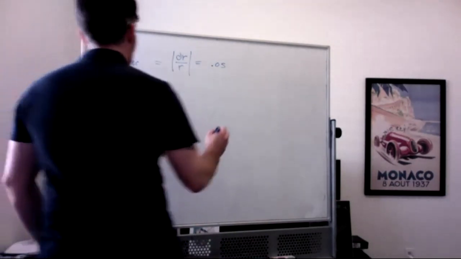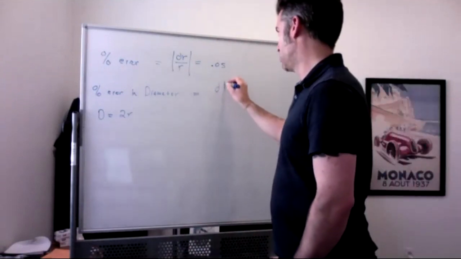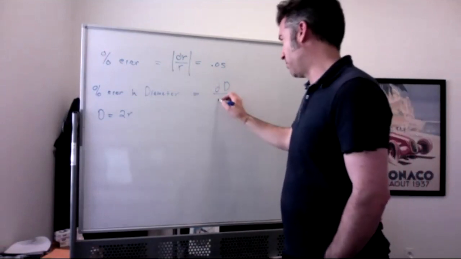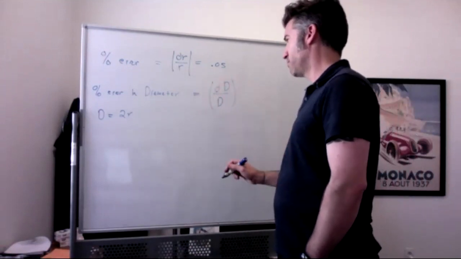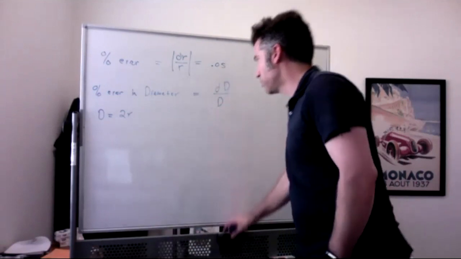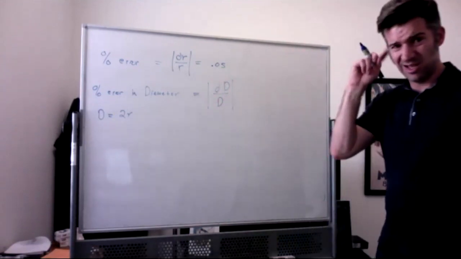The percent error in the diameter is equal to the change in the diameter divided by the actual diameter. I guess I should put absolute values, so I'm going to do that. Okay.